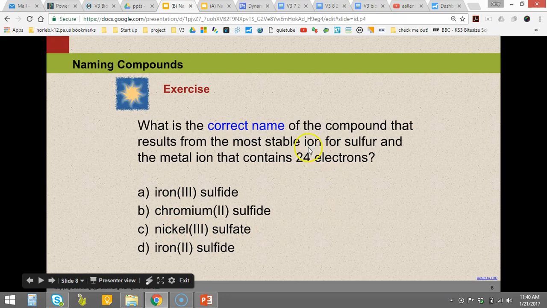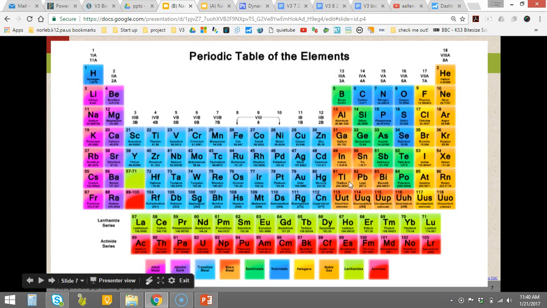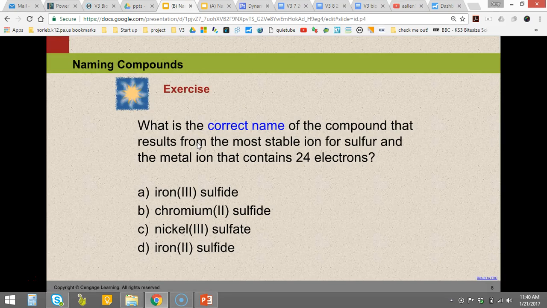So let's go back and look at something with 24 electrons. If we look here in the transition metal area, if the element was neutral, not an ion, it would be chromium. But these compounds are ionic compounds, which means we're working with ions. So they have an unequal number between protons and electrons. So let's go back. We've got to find something that balances out with -2 for sulfur.